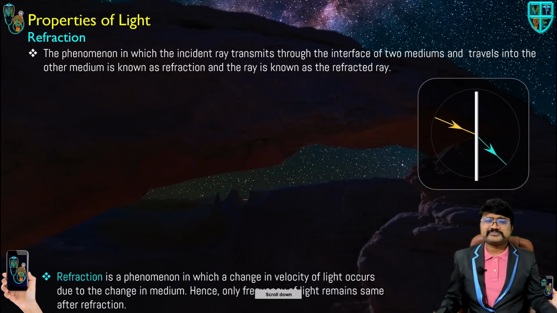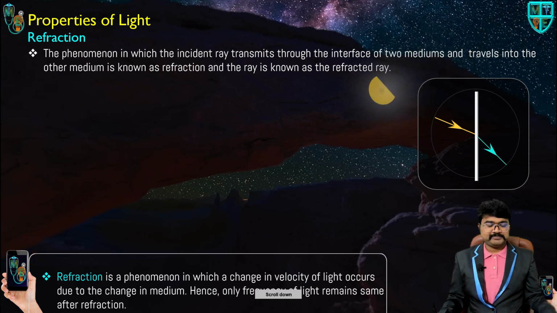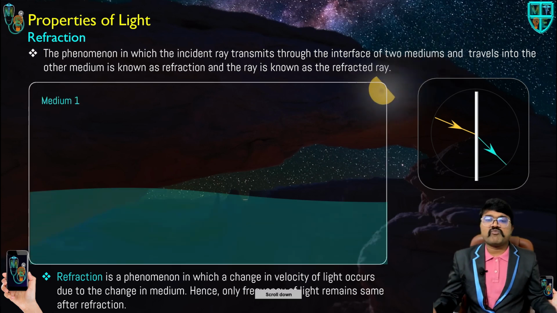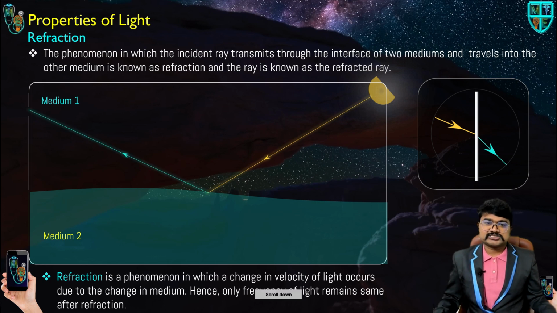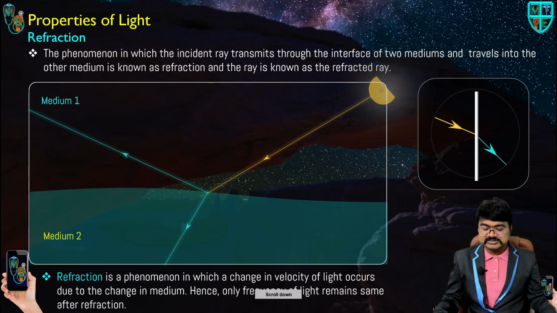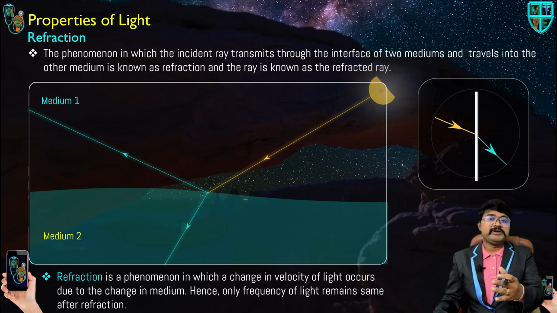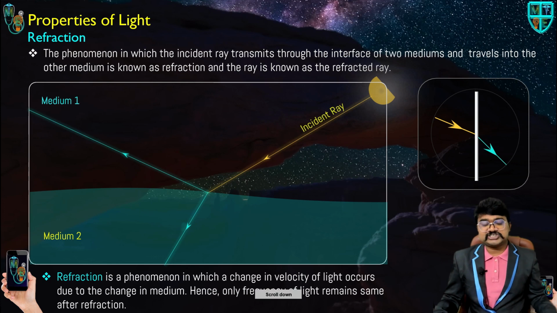Here the ray transmits into the other medium, medium 1 and medium 2. Some amount of light is incident on the surface, some amount will be reflected from the surface, and some amount will be refracted, transmitted into the other medium. That phenomenon is nothing but refraction.